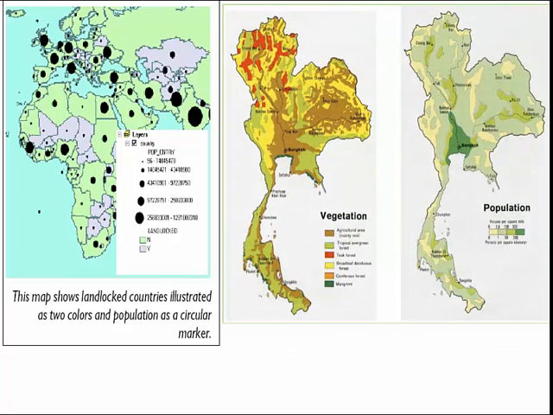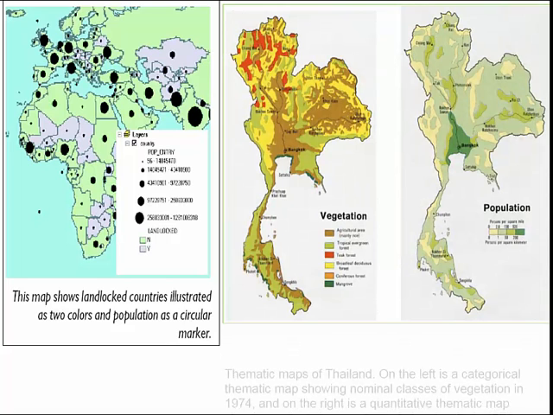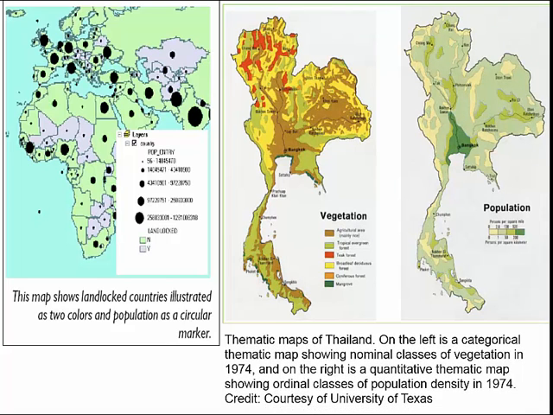Maps too. We have here a map of Thailand, and again, these are thematic maps, and the map on the left showing vegetation, this is showing nominal categories here.